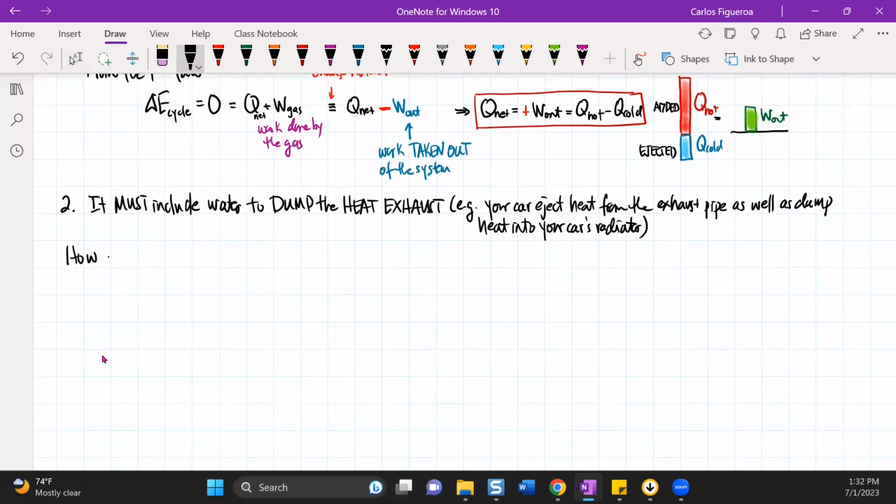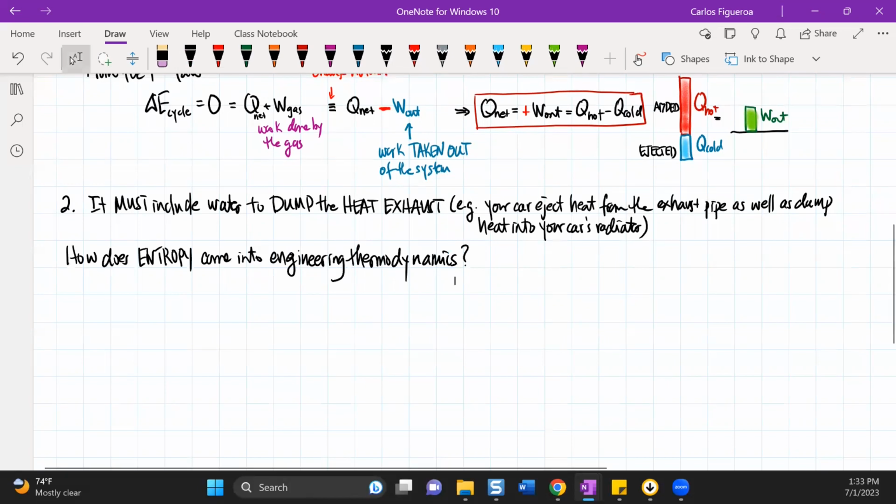Okay, so here we go. How does entropy come into engineering thermodynamics? Well, it turns out that I have to really break this piece a couple of ways.